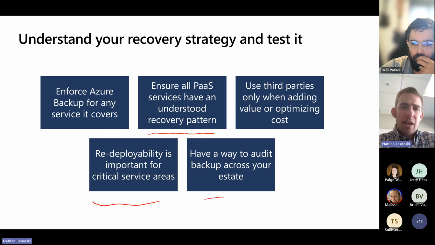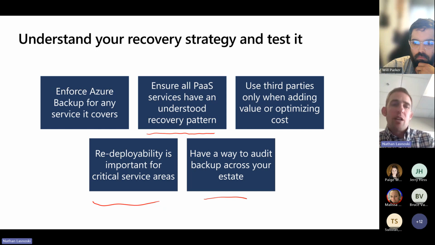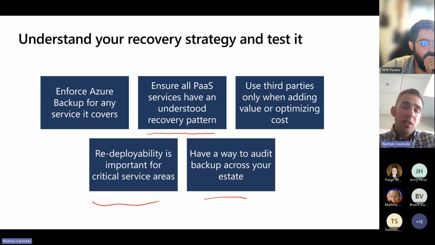Make sure you can audit that estate to ensure that everything is protected, and also that your backups are stored with protection enabled, so that the backups can't be deleted. So it's really important that you have both the understanding of Azure Backup Service covered, as well as redeployability associated with those PaaS services. And redeployability is also important in the context of networking and your corp and management interfaces that you may have initially configured by click, click, click, rather than deploying via infrastructure as code.